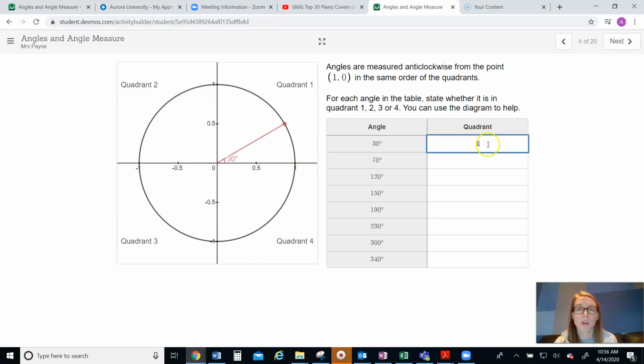If you look here, I've already typed in an angle. You can see how it starts here and you can see this little angle mark, going around. You can do that for all your different angles and start seeing where they lie. Okay, so please make sure you fill out slide 4.